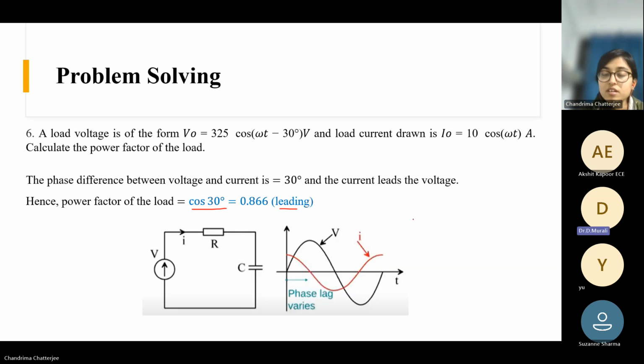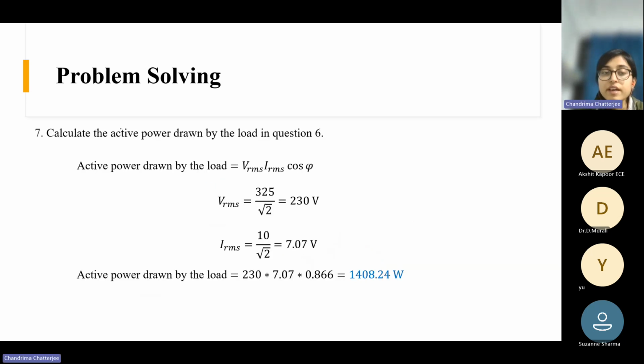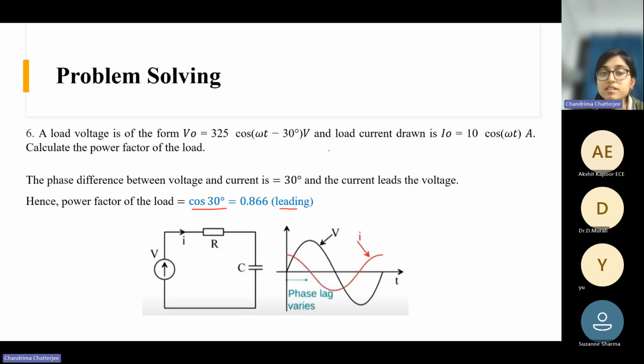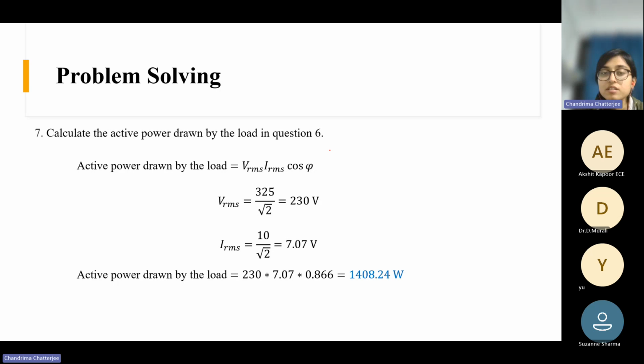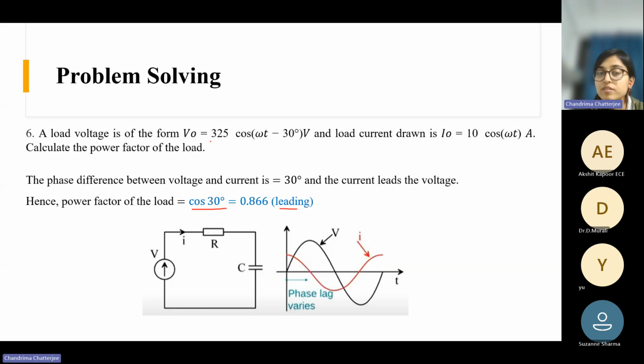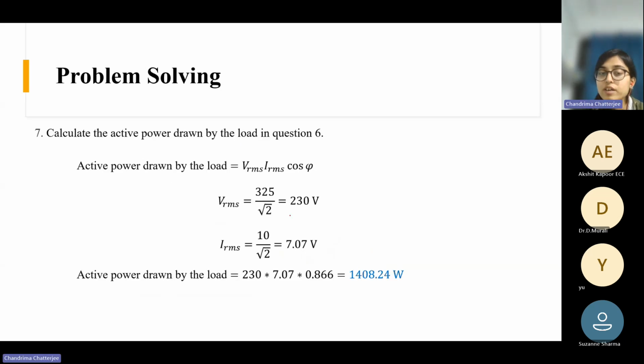Okay, next question is: calculate the active power drawn by the load in question 6. So the same question, what is the active power drawn by the load? Active power is calculated by Vrms Irms cos phi, where phi is the phase difference. So Vrms we can calculate, the peak value is 325, so 325 by root 2, that is 230 volt.